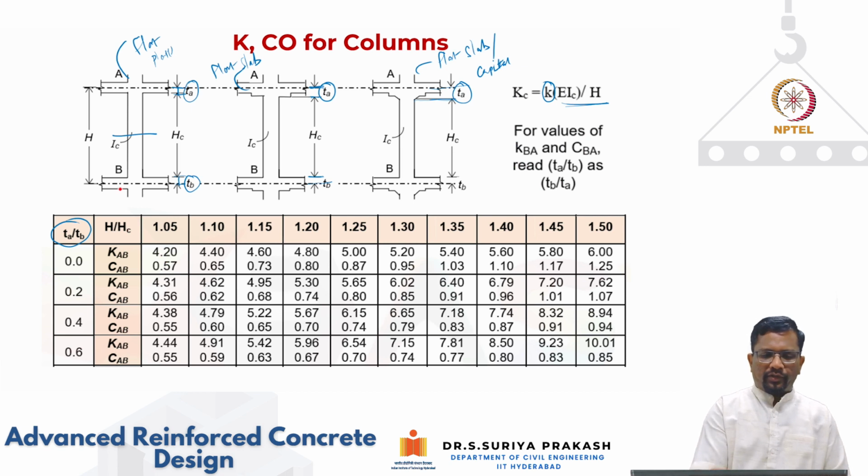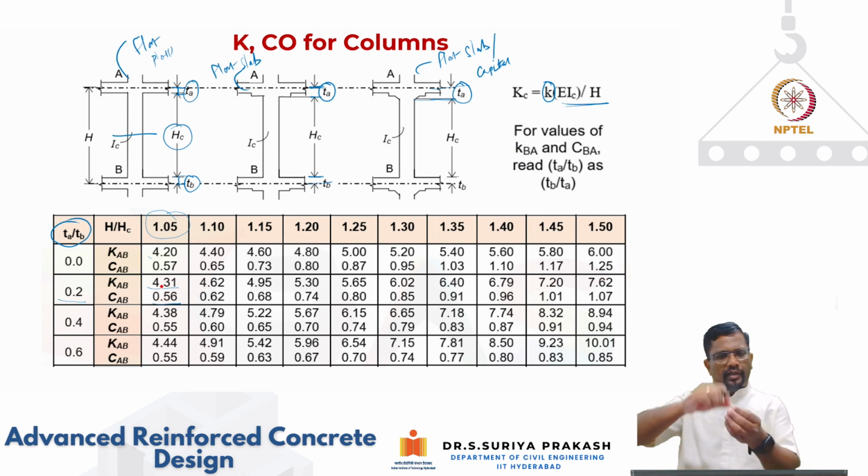You also see one more factor, height to clear height, HC. Based on that ratio, people have derived this coefficient. For example, let's say TA by TB equal to 0.2 and H by HC is equal to 1.05. You get K factor of 4.31 and carryover factor of 0.56.